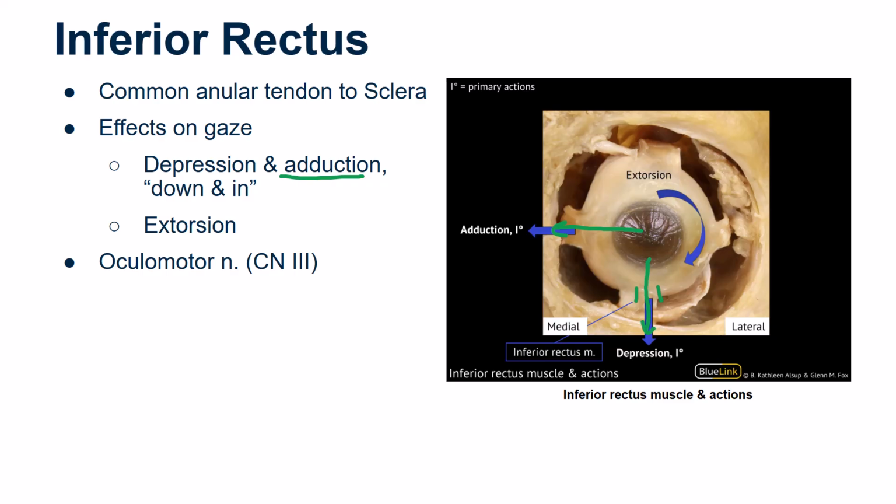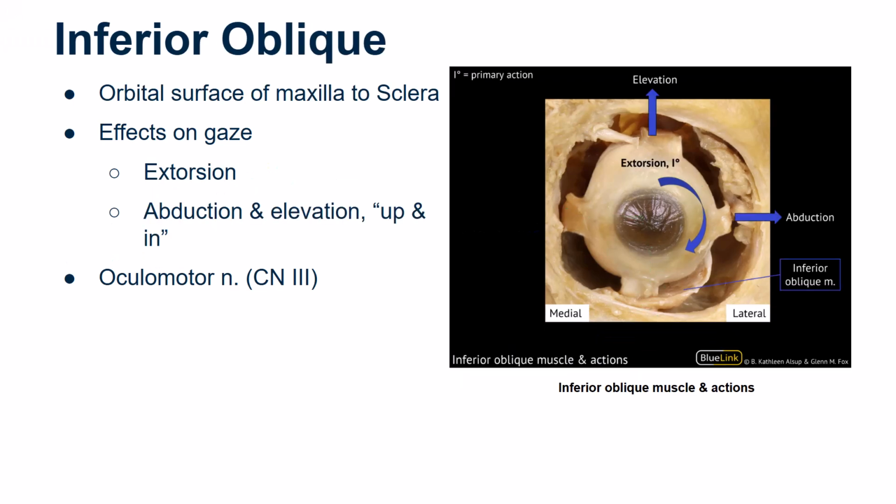Its secondary effect on gaze is that of extorsion. So we take the superior pole of the eye and rotate it slightly outward. So depression and adduction, primary, down and in. Secondary effect on gaze is that of extorsion, moving that superior pole laterally. The inferior rectus is innervated by the oculomotor nerve.